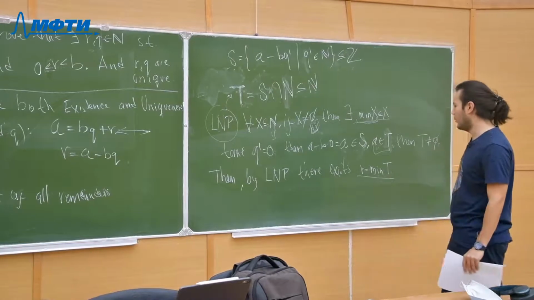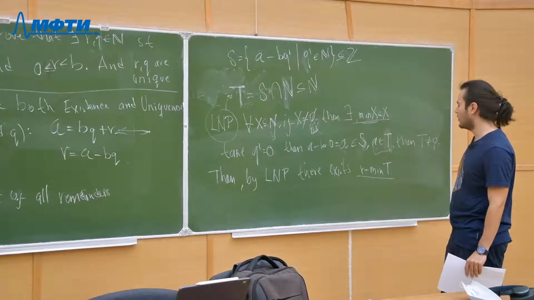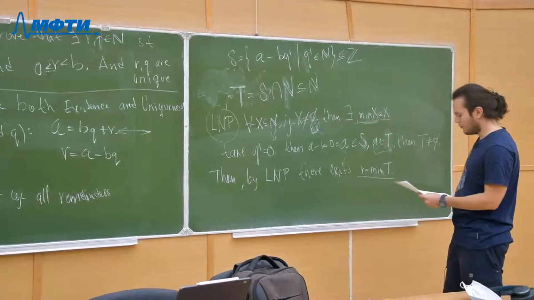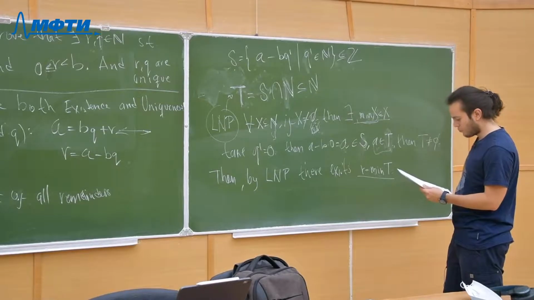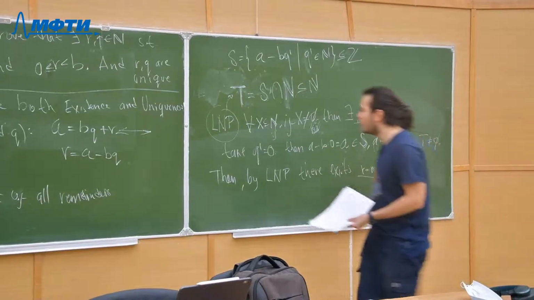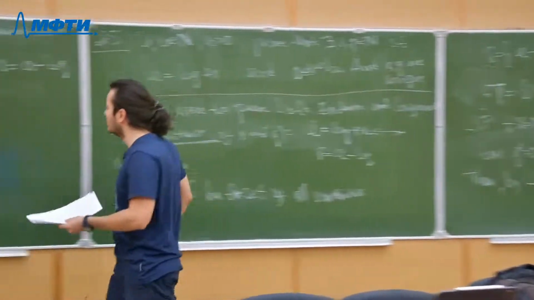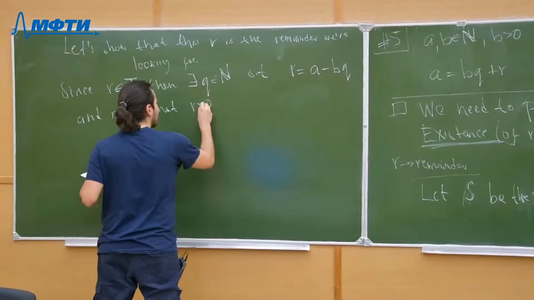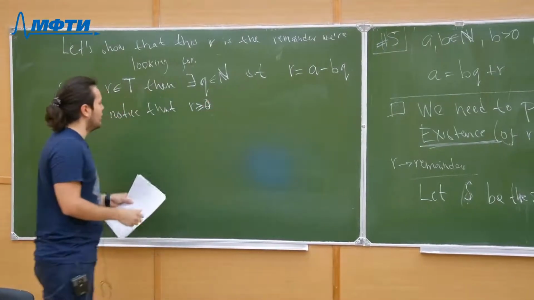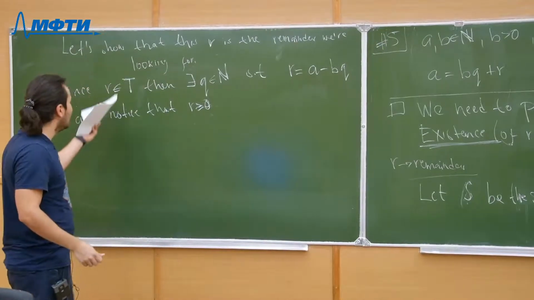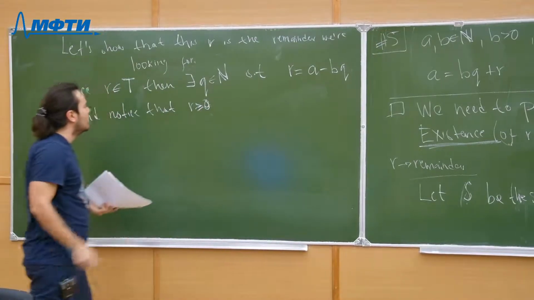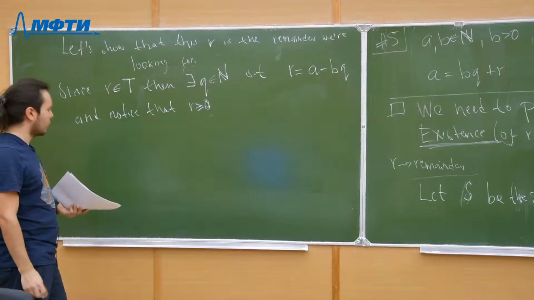Wait, why is it greater than 0? No, it's greater or equal to 0. Yes, that is what we need. Of course, it can be 0 because R is natural. Then R is at least 0.